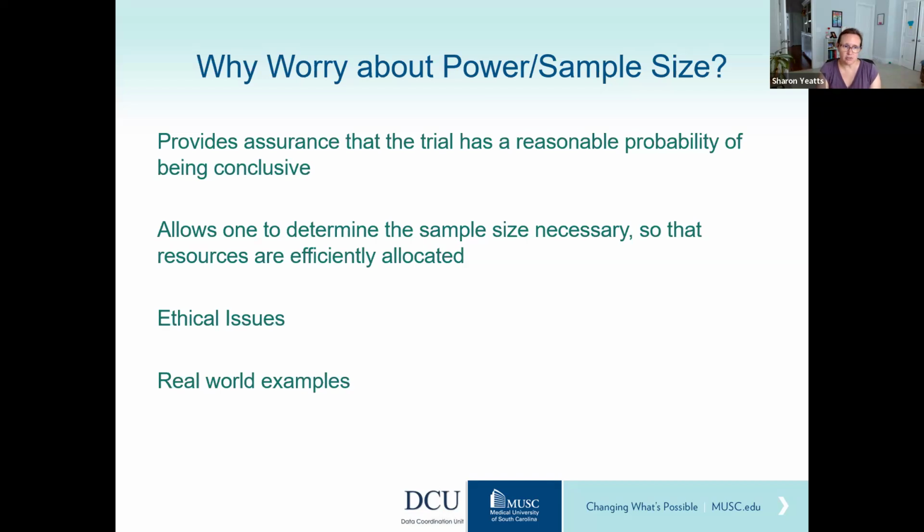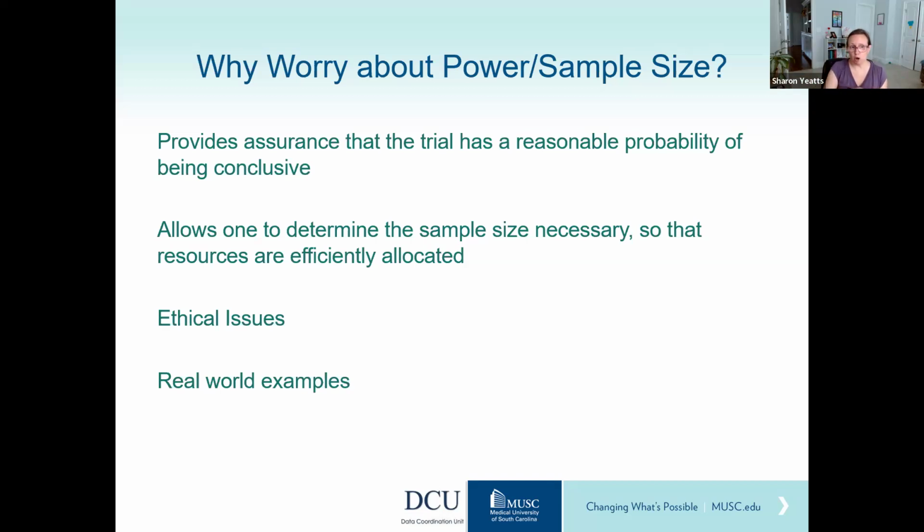And of course, there's ethical issues if we are randomizing too many patients, so that, at patient 300, we knew the answer to our question, but we randomized another 300 patients after that, then that's an ethical problem, right? We've exposed patients to randomization to an intervention that may or may not already be known to benefit them.